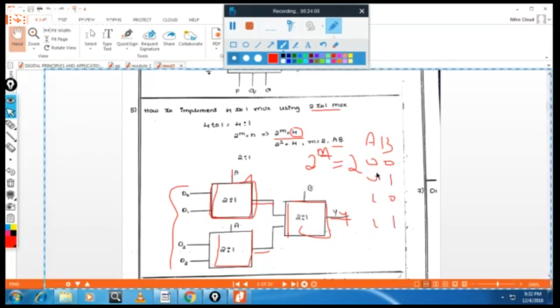When A is 0, with 0 0, this line will get activated. When 0 1, this line will get activated. When A is equal to 1, this IC will get activated and this line will be activated. So 1 1, this line will get activated. So in this way this works.